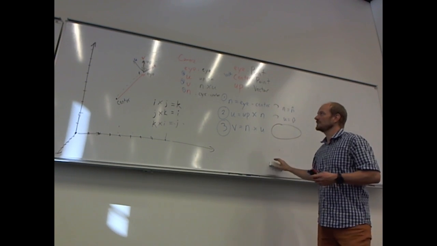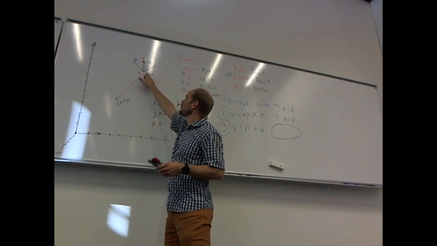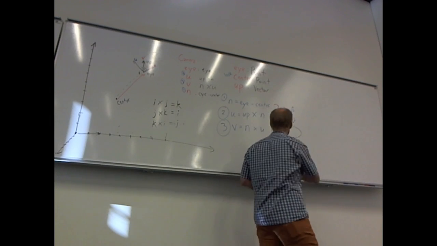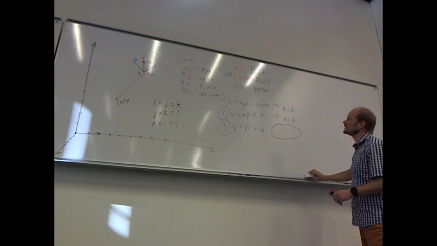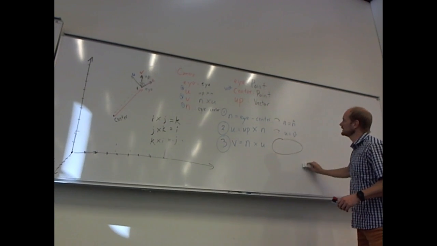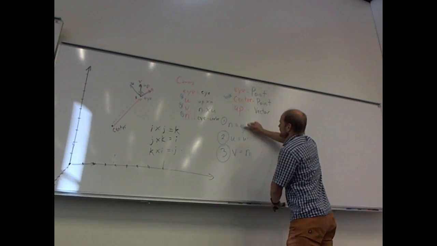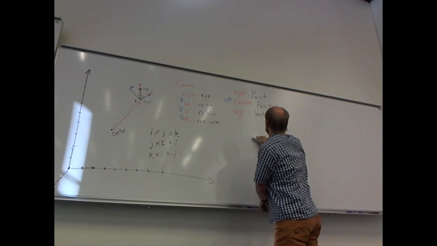But at this point, we have this local coordinate frame here. I'm just wondering whether to erase this. We kind of have all of this on the other side as well.